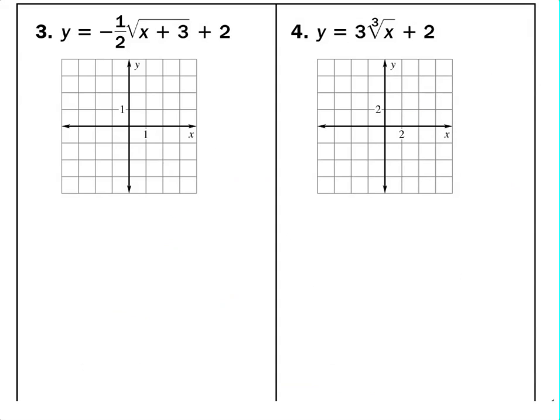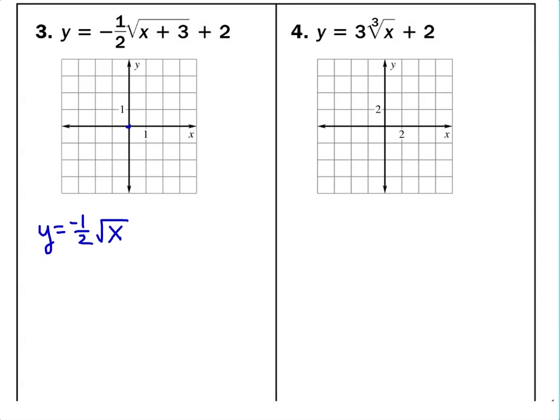Now there's this checkpoint here. There's not necessarily a whole lot of room here, and I'm going to continue with the suggestion of graphing the simpler function first. So negative 1/2 square root x would be the simpler thing to graph first.